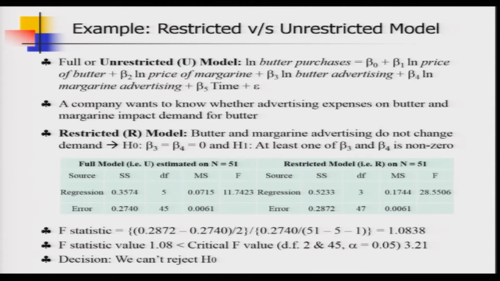If you remember a couple of lectures back, I introduced the case of butter and margarine as two related goods. I was trying to get a demand function for butter consumption, and then I showed you that margarine also plays a role, because margarine is a substitute good for butter. Now, I want to go back to the same story of butter versus margarine, and how one can estimate a demand function for butter consumption.